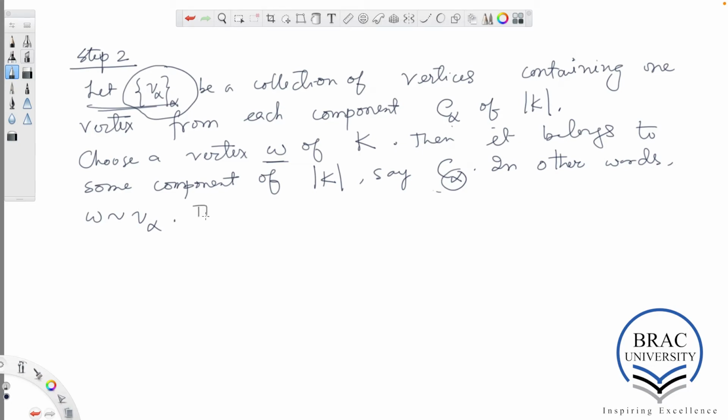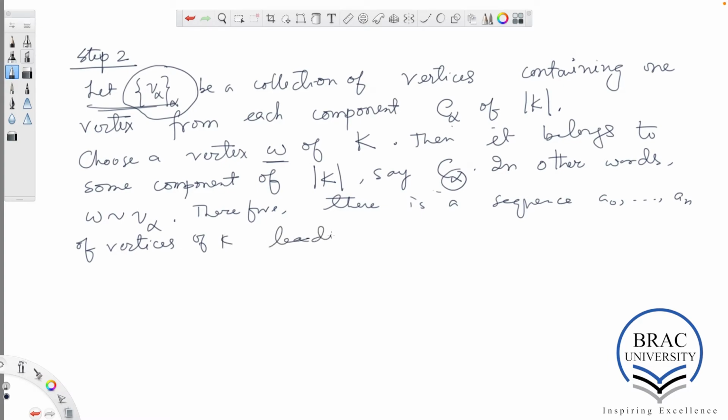Therefore, there is a sequence from the definition of this equivalence relation. There is a sequence A0 all the way up to AN of vertices of the complex K leading from V alpha to W. So A0 is V alpha, and the last vertex AN is equal to W.